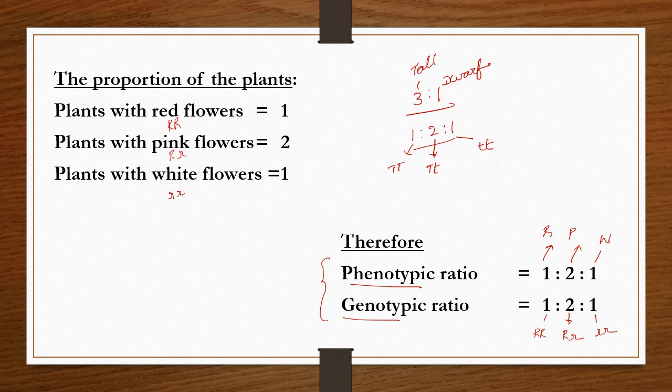But in incomplete dominance, in the heterozygous condition, the dominant gene fails to dominate over the recessive gene. That's why it gives the intermediate pink color, and so the phenotype and genotype ratios are the same, 1 is to 2 is to 1.